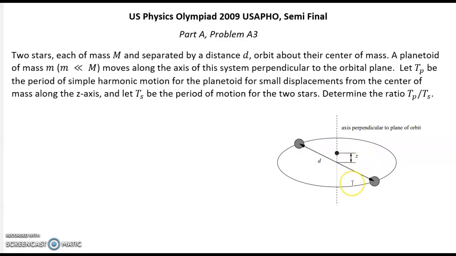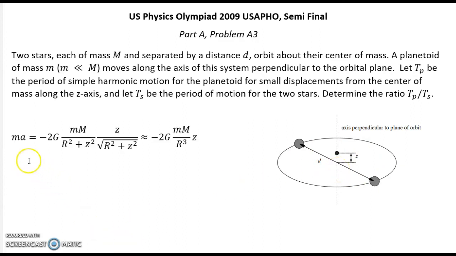And let's write the equation for this force in the z direction. So this is the expression for the force acting on this planetoid. Ma equals negative 2, because two stars, G small m big M over the distance squared, which is r squared plus z squared, multiplied by the sine of this small angle between the direction to the planetoid and the direction to the star, which is z over the square root of r squared plus z squared.